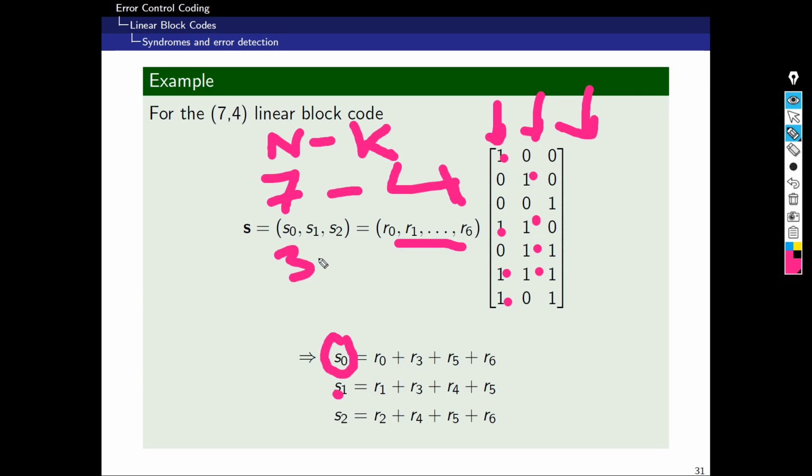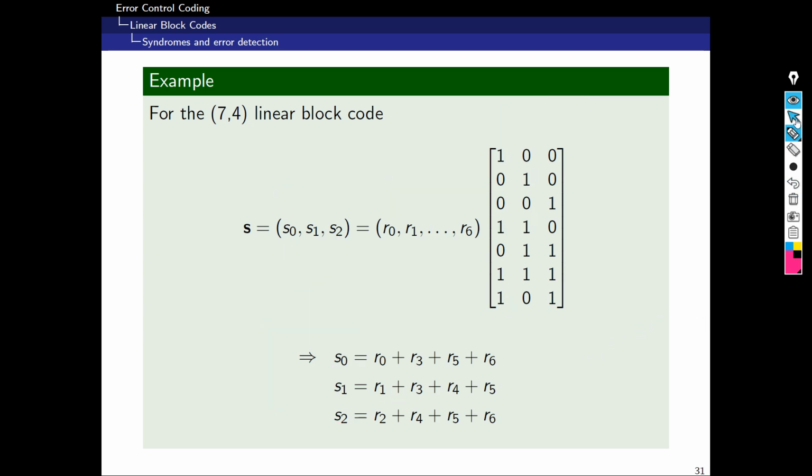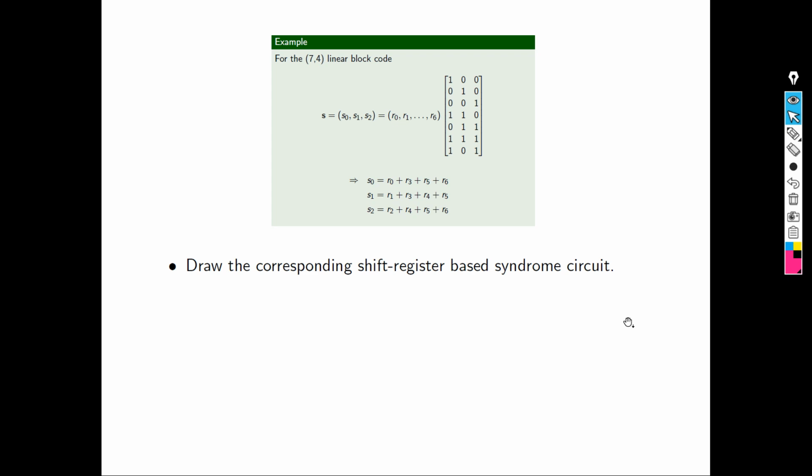And S2 comes from the multiplication of this vector with the third column. You don't have R0, you don't have R1, you have R2 plus R4, because R3 is 0, plus R5 plus R6. So you have the syndrome here. You were able to obtain the syndrome.